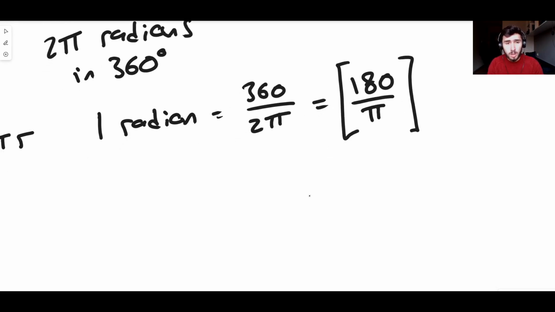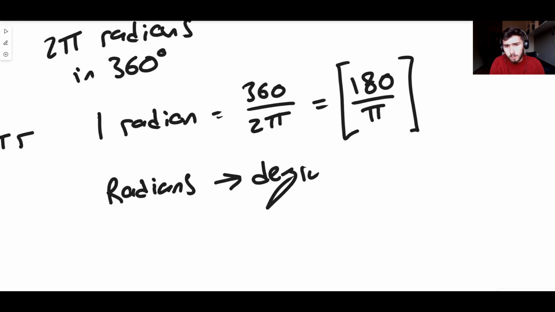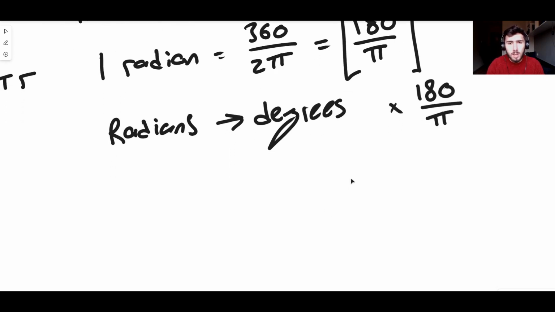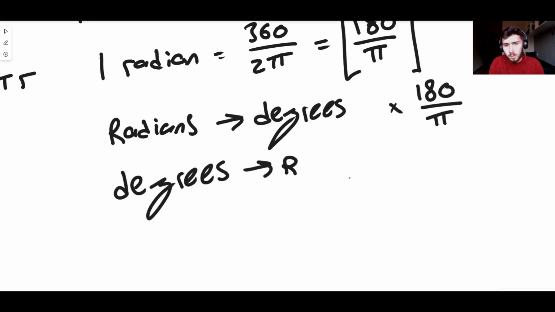So to convert radians to degrees, you times by 180 over pi. To go backwards, degrees to radians, you simply times by the reciprocal, which is pi over 180.